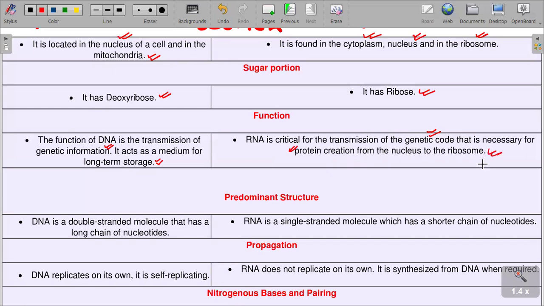To the ribosome again. So it is specifically important for protein synthesis, such that you understand that RNA is highly important to ensure that dead cells are replaced, worn out cells are replaced, and also cell growth.